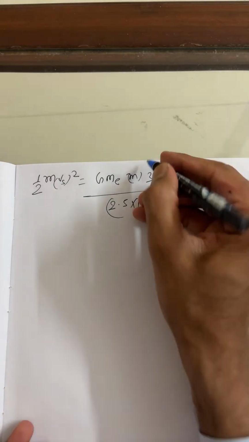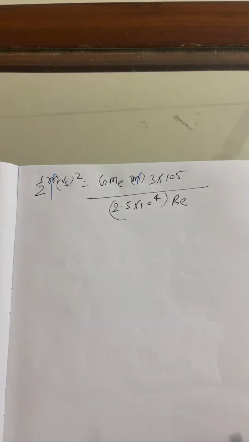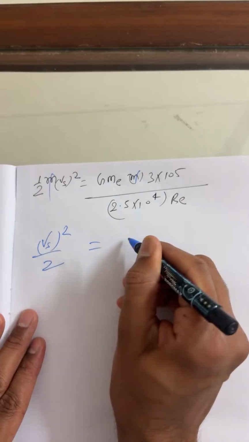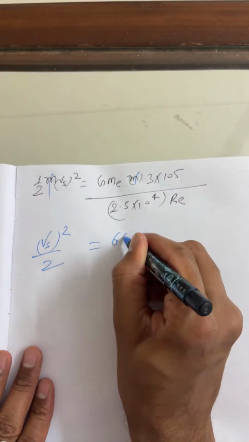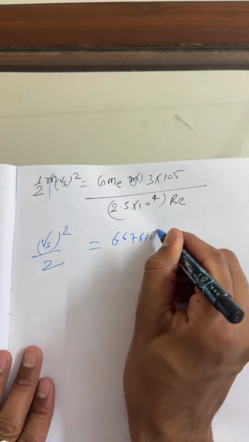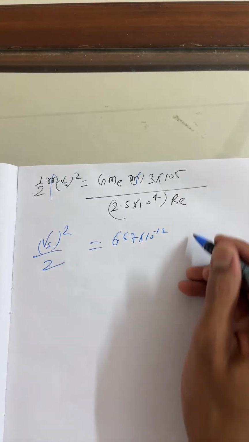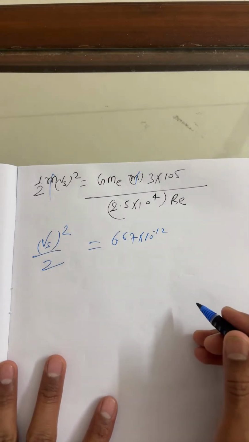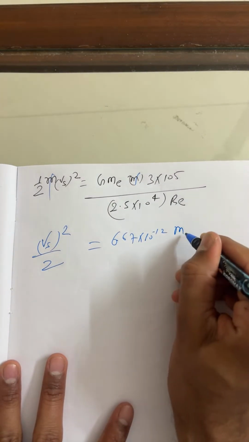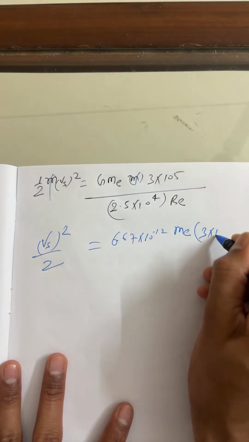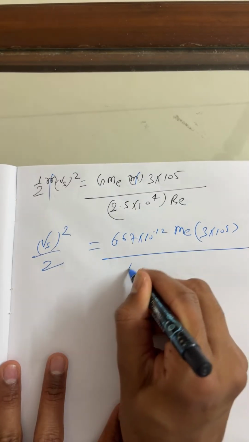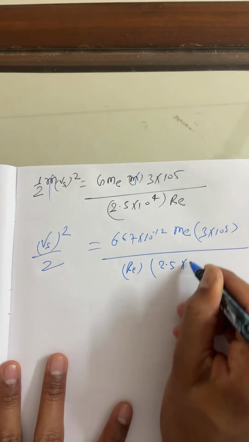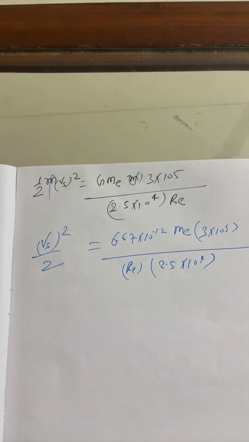So you can say this M finished. So what you can write finally? V_s whole square by 2 is equals to G. G beta how much? 6.67 into 10 to the power minus 12 here. Mass of Earth, beta, what is mass of Earth here? Mass of Earth, I'll see later. Beta, this is mass of Earth into 3 into 10 to the power 5 upon radius of Earth, 2.5 into 10 to the power 4. Listen carefully here.